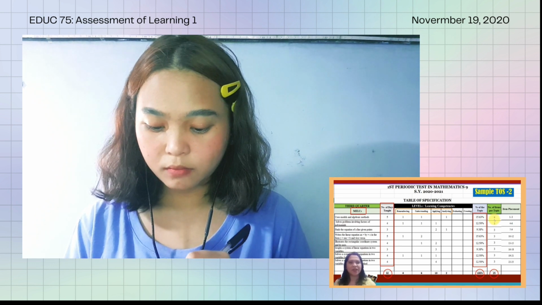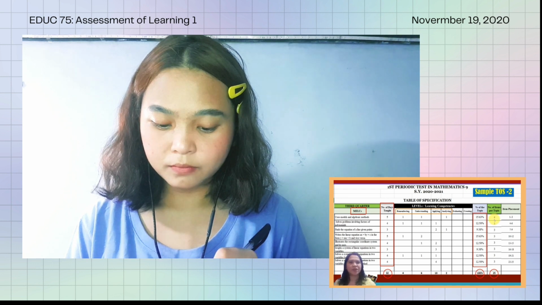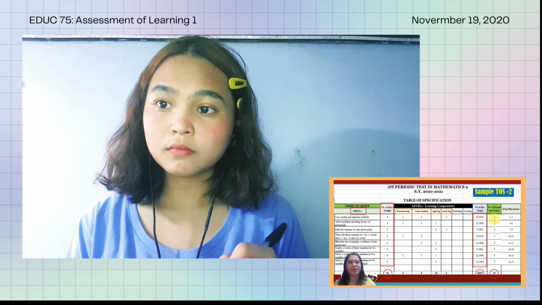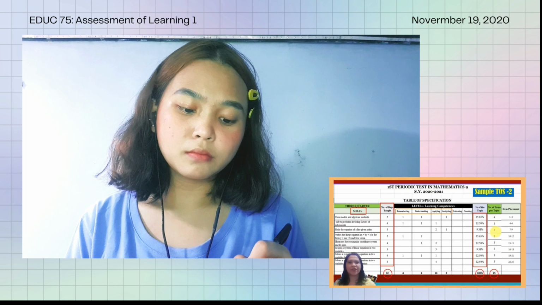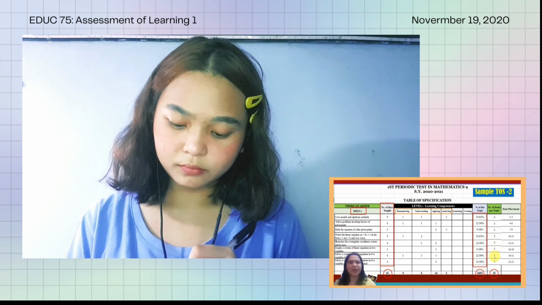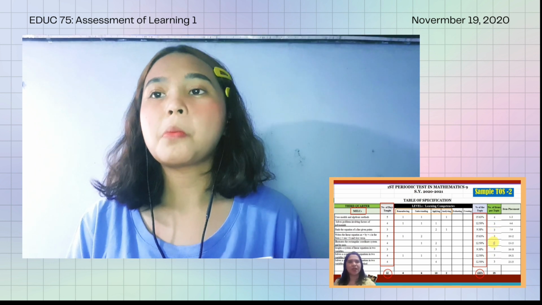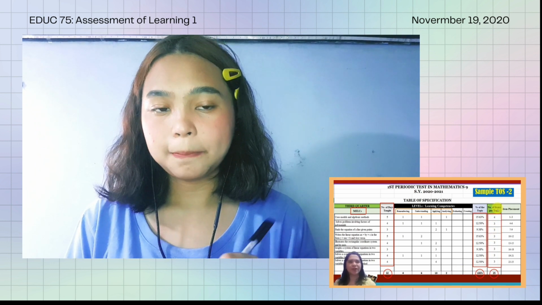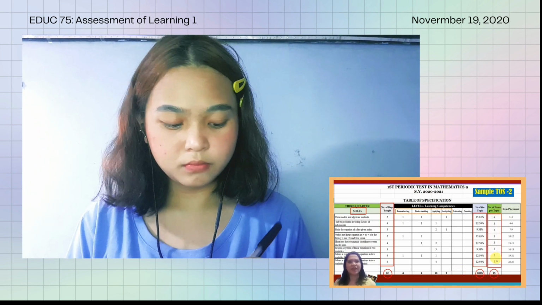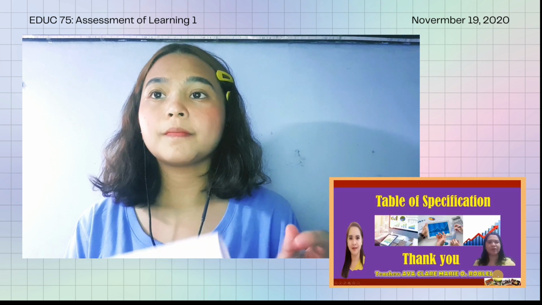The result is 3.9075, rounded off to 4. Same mechanics is applied to the rest of the topics. Lastly, we need to ensure that as we total all the number of items, it will result to 25.